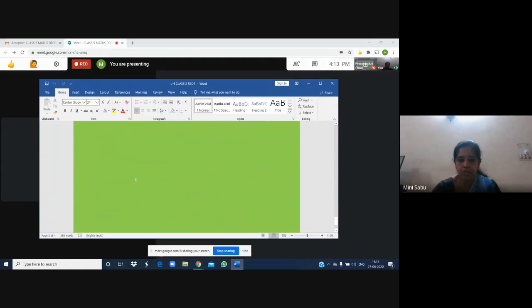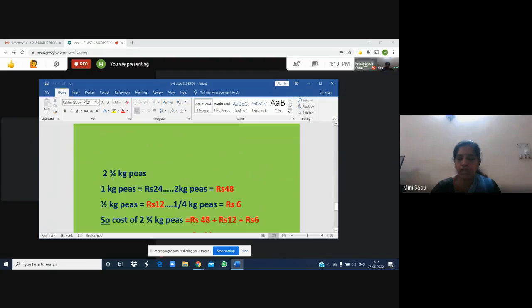Now for 2 3/4 kg peas, for 1 kg it is 24 rupees, so you will find out for 2 kg. When the weight doubles, the price also doubles. So 1 kg is 24 rupees, 2 kg is 24 doubled, 48 rupees. Is it clear, children? Yes, ma'am.